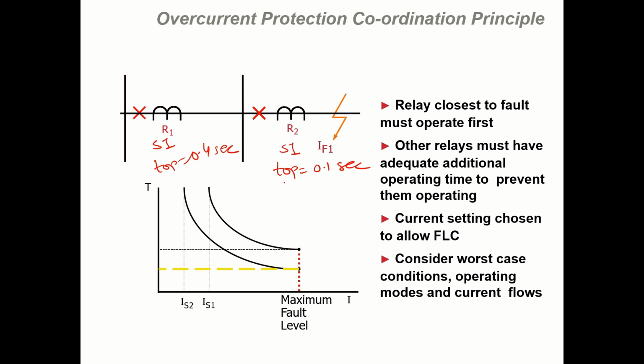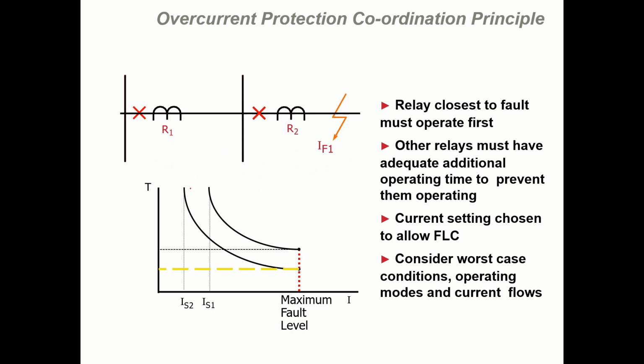Second, if the pickup current for this relay is suppose IS2, then the pickup current of this relay should be slightly more than IS2, generally 1.1 times or 110%. Sometimes it is also divided by the reset to pickup ratio. For an electromechanical relay, it is closer to 0.95 or 95%. For numerical or digital relays, it is 98 or 99%.